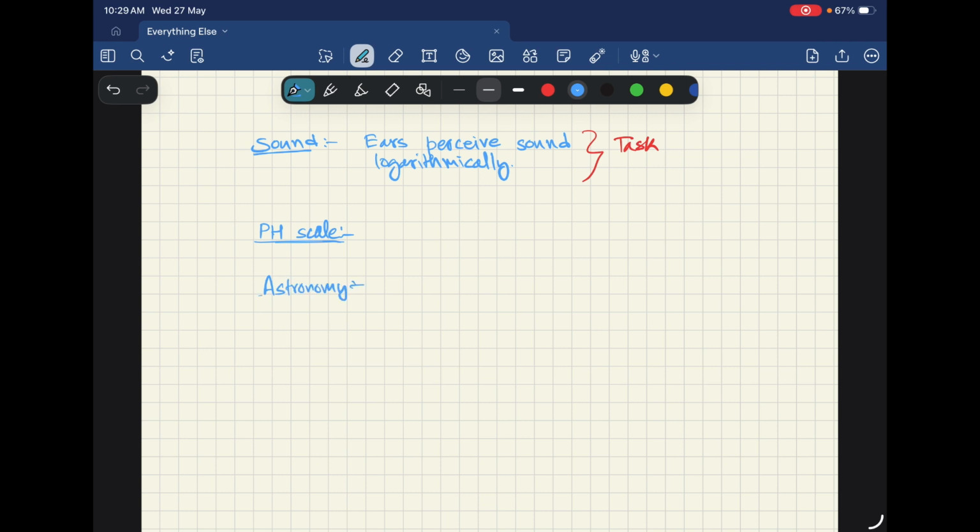In astronomy, we study celestial objects which are far, far away from us, like say Saturn is some distance n away from us, and another planet that is n to the power 35 units of distance away from us. So you see the drastic change in the distance. That's why we use logarithmic scale in astronomy.